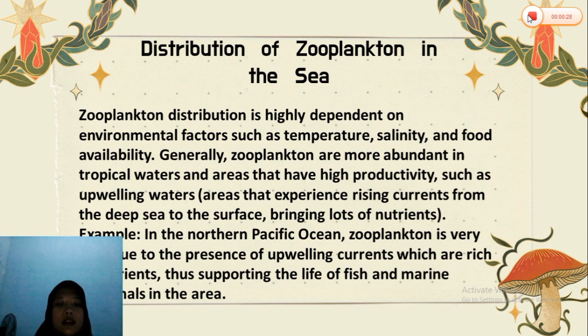Example, in the northern Pacific Ocean, zooplankton is very high due to the presence of upwelling currents rich in nutrients, thus supporting the life of fish and marine mammals in the area.